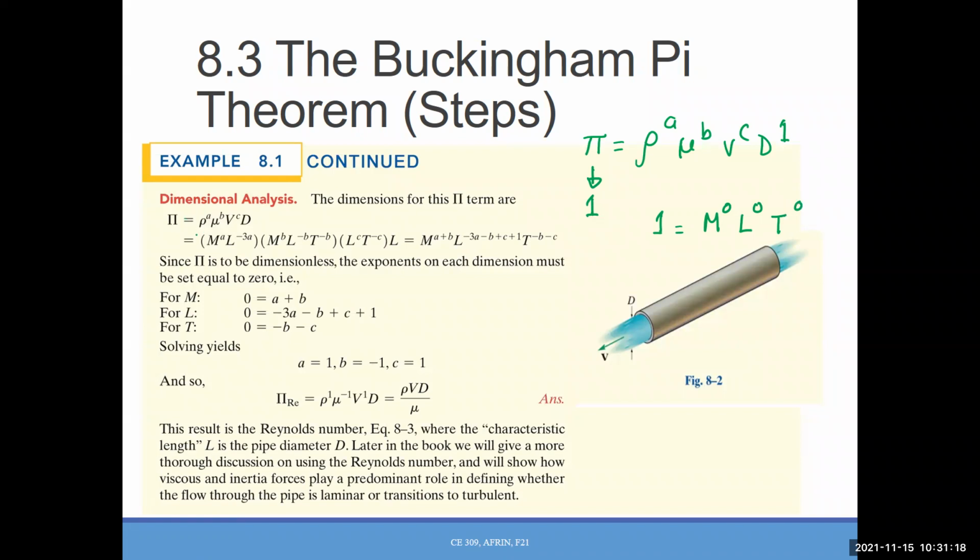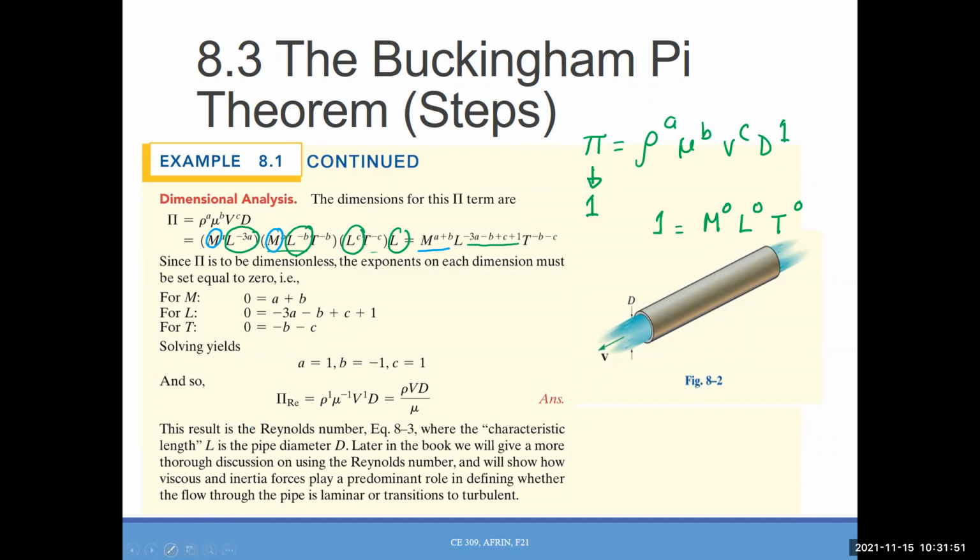So what we will do for rho, ML to the -3, multiplied with A. For mu, they did the same here. So finally, let's identify how many M we have. 1, 2, and that is 1. How many L do we have? 1, 2, 3, 4. And you see here, we have 3 exponents here.